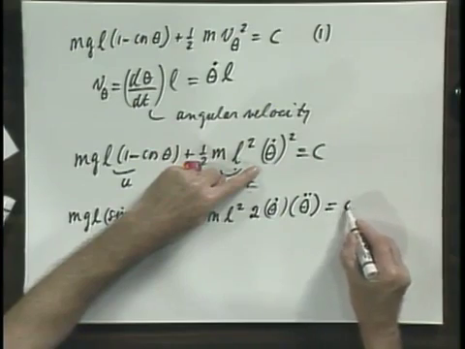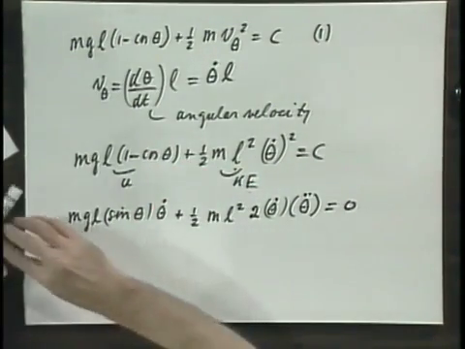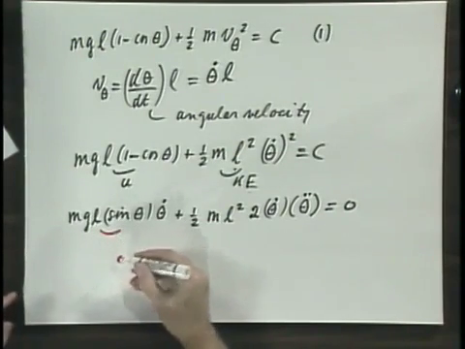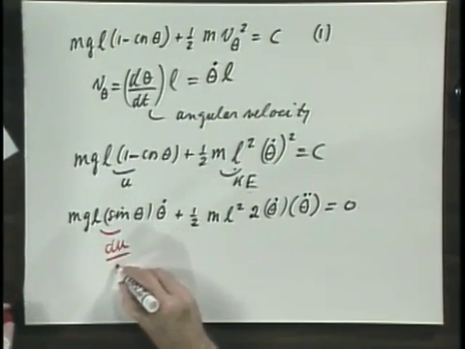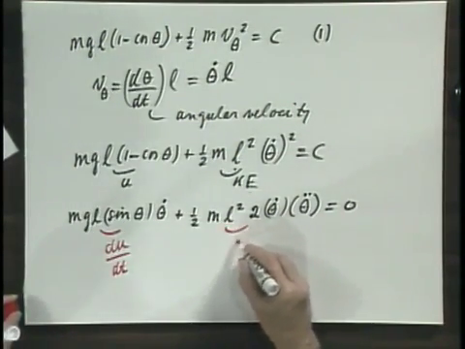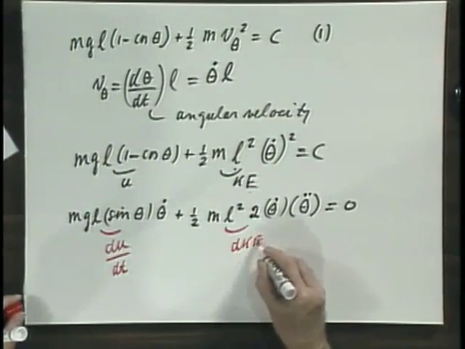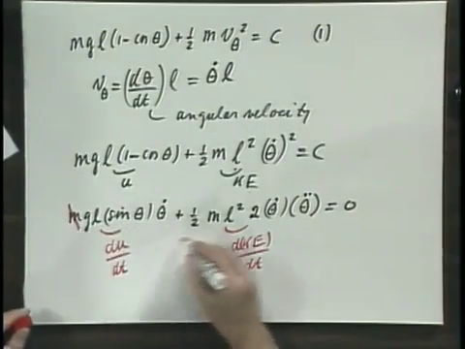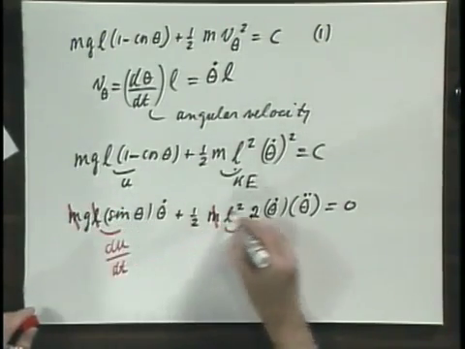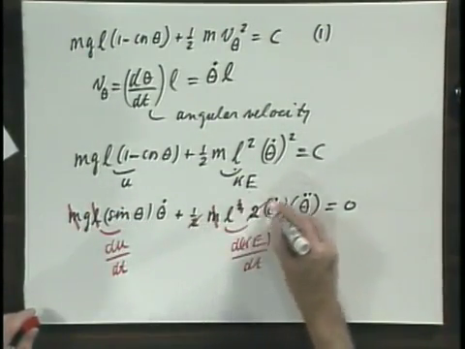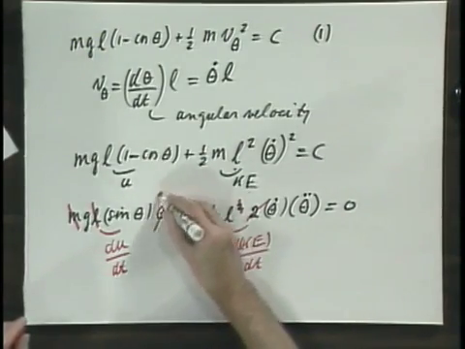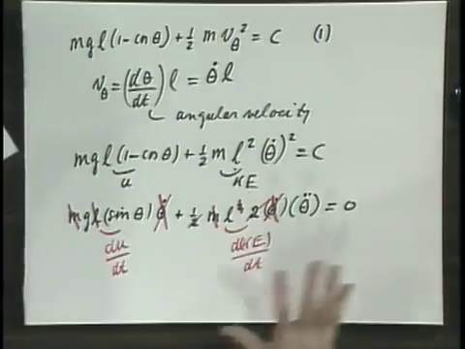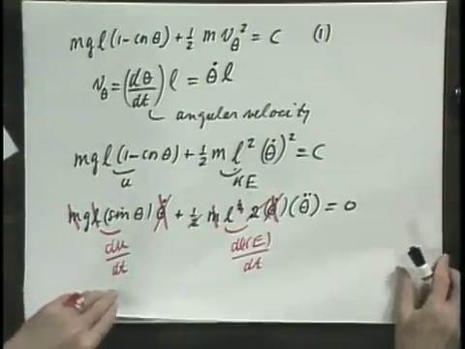Chain rule. Equals 0. This is dU dt, and this is the kinetic energy derivative. m cancels. One L goes. The 2 goes against the 2. And here I have a theta dot, and here I have a theta dot. So the whole situation becomes extremely simple.